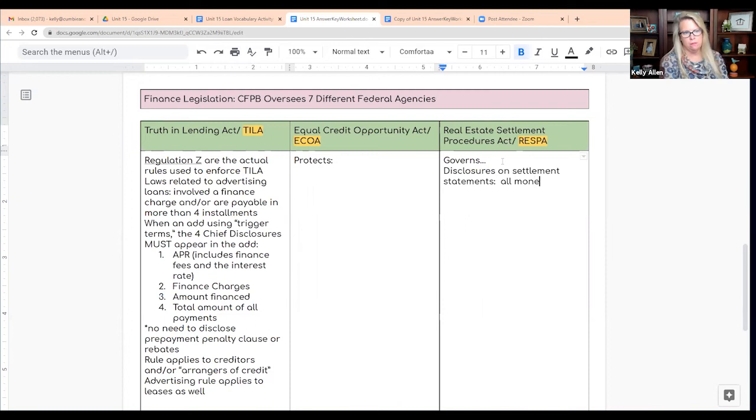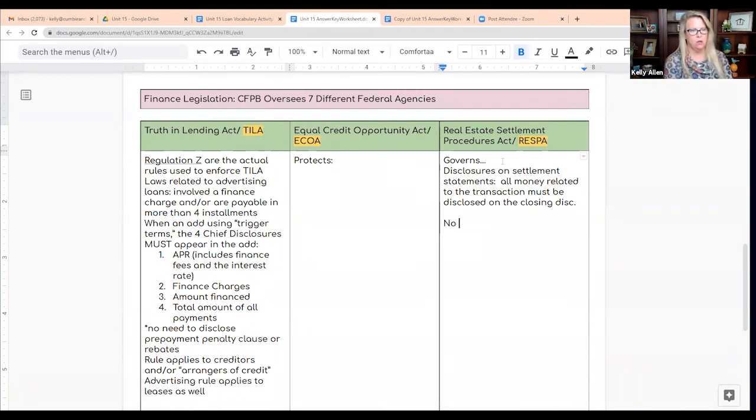All money related to the transaction must be disclosed on the closing disclosure or the settlement statement, which could also be called the HUD-1. So all money is associated with that.